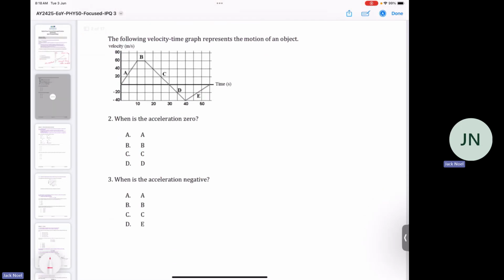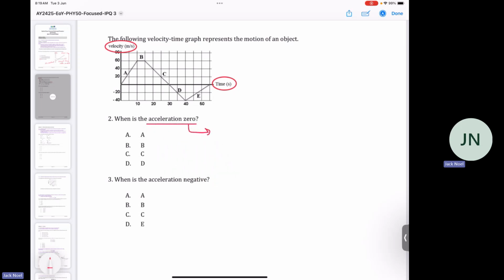In the next question, we have, again, a velocity versus time graph. And in this graph, we have several portions. They're asking about when the acceleration is zero.